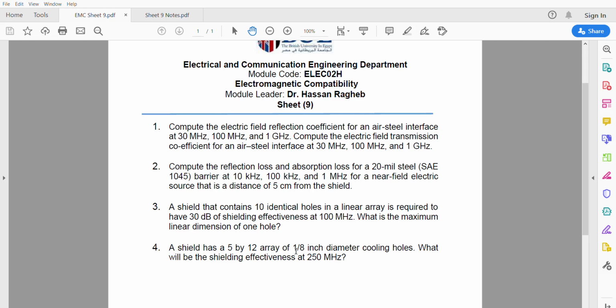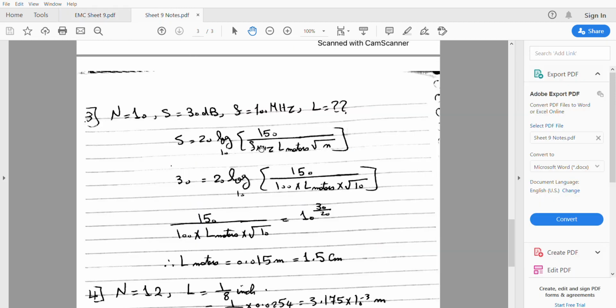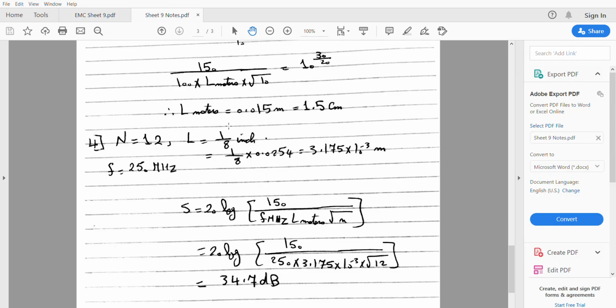The length is given as 1/8 inch. So we need to calculate the value of shielding effectiveness, which is S. But first, let's convert the inch into meters. We multiply it by 0.0254 in order to get the value in meter.